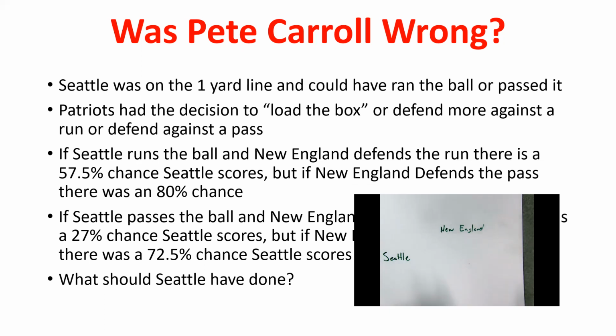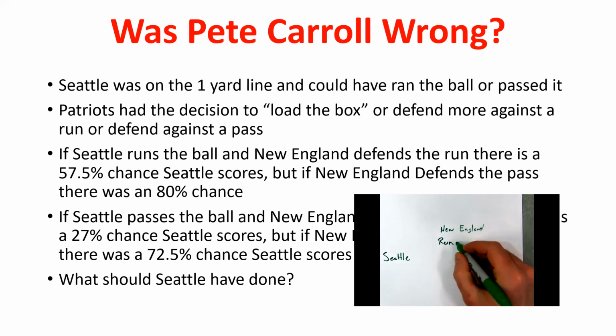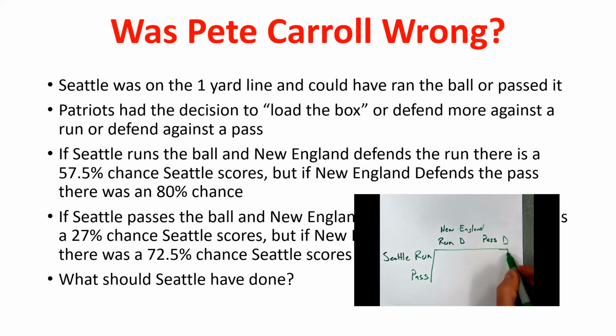So we're choosing between two types of defense. And then Seattle can choose to run the ball, or choose a play where they're going to pass the ball. Okay? So I've built out my 2x2 matrix.